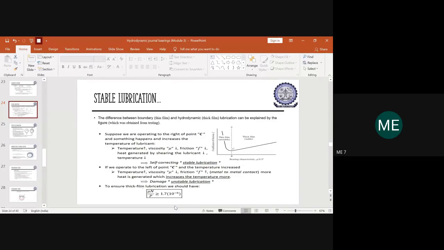This is the value one has to calculate and check. Then you can claim that the lubricant you are using is a stable one, or else it will be termed unstable. So this is what I wanted to explain related to stable lubrication.